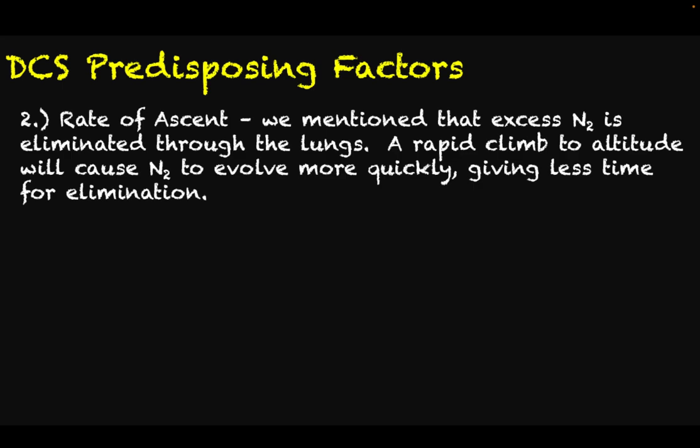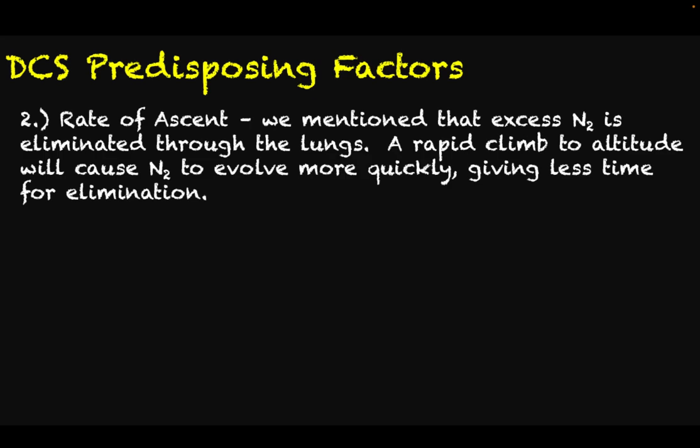Our next predisposing factor is the rate of ascent. We mentioned that excess nitrogen is eliminated through the lungs. We saw this with deep sea divers, who get the bends most severely when they come to the surface too quickly, so they have to be careful about climbing back to the surface at a reasonable rate to give their lungs time to eliminate some of that excess nitrogen that's bubbling out of solution.